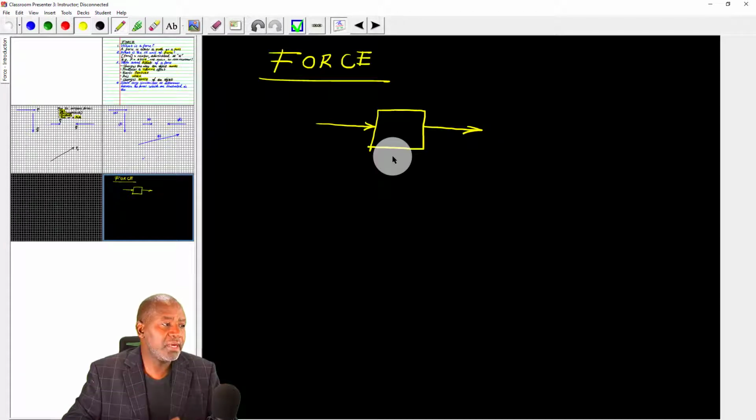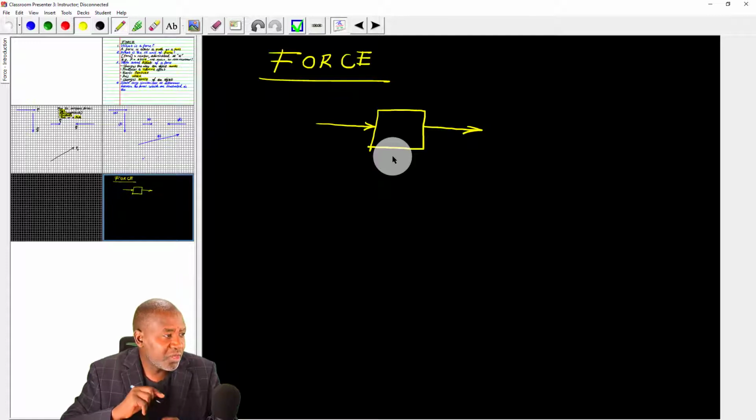In many textbooks, you'll find that, or you may even have been told, that a force is defined as a push or a pull. That is just a description of what a force is. Because to define a physical quantity means to show how it is obtained from other physical quantities by either multiplication or division, because force is a derived physical quantity.